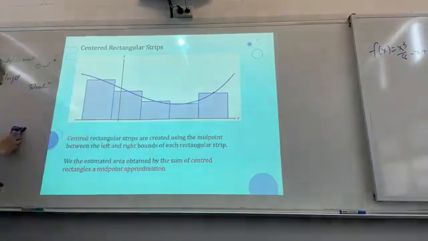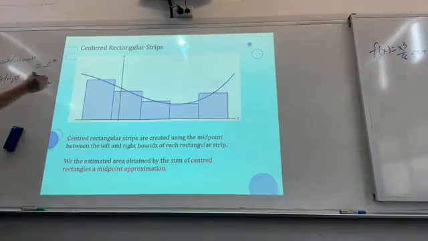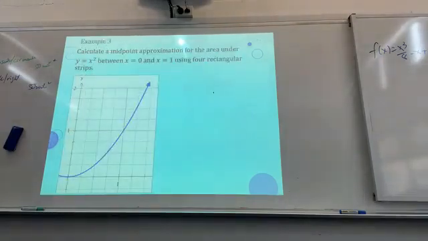So with the center rectangular strips, it uses the midpoint between the left and right bounds of each rectangular strip. Alright? So you only need to do it once because you are estimating based on the midpoint. You can see that the extra and the deficit is about the same area.